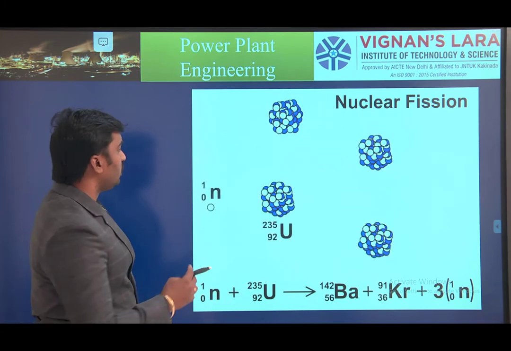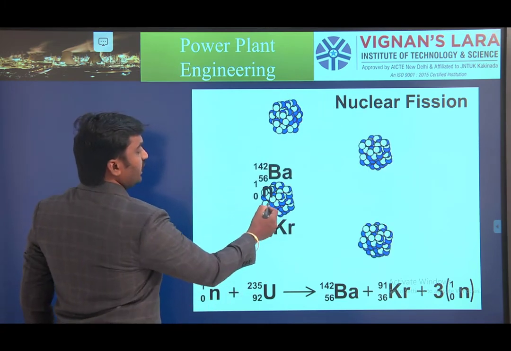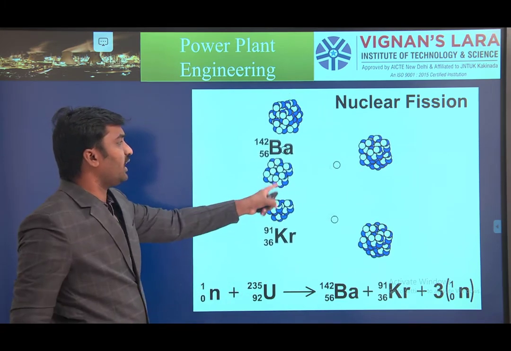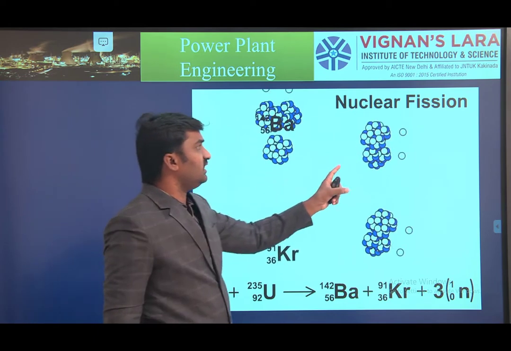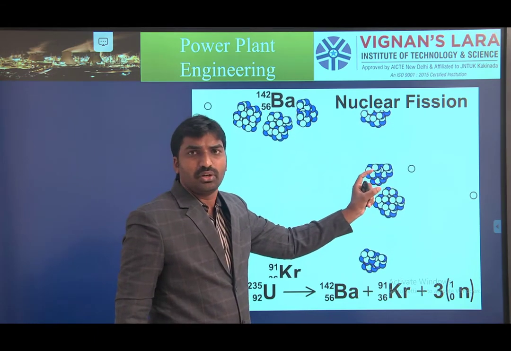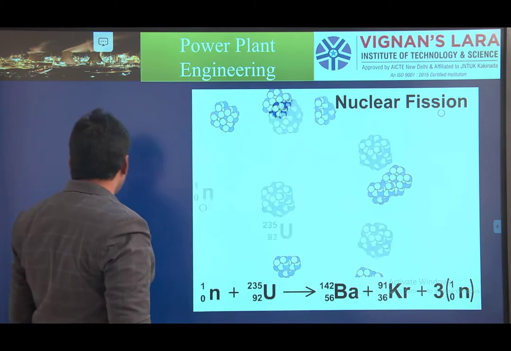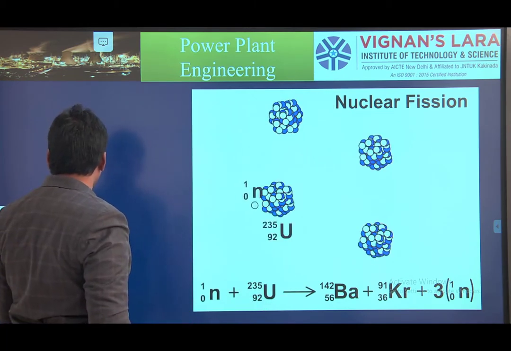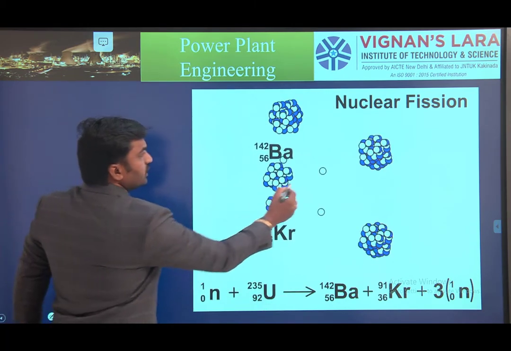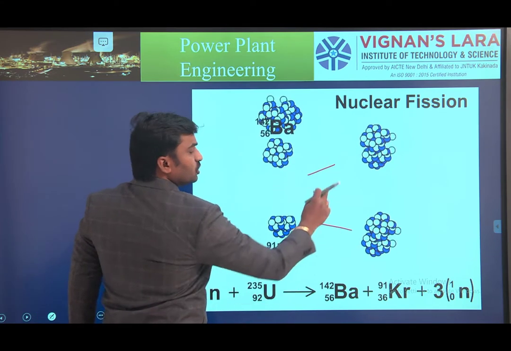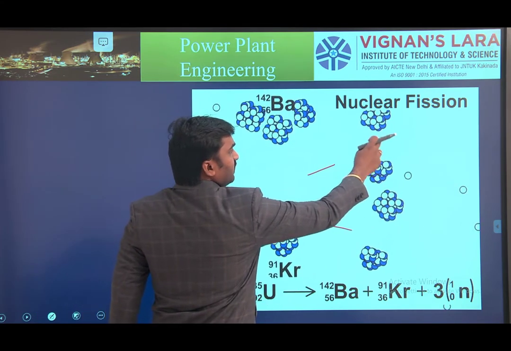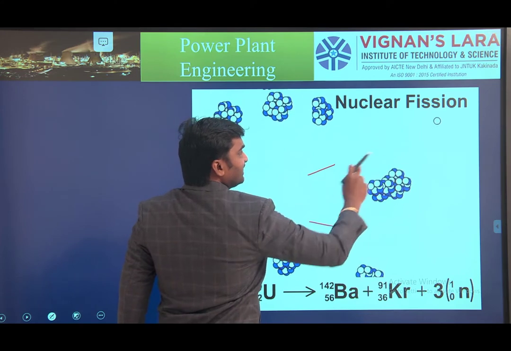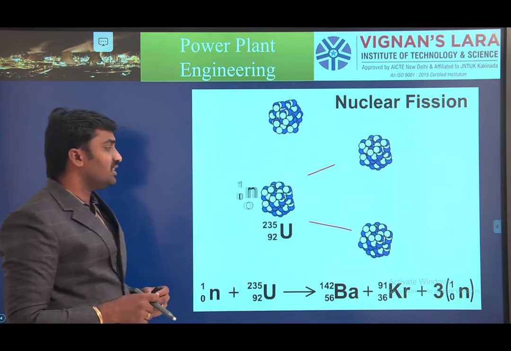One neutron collides with an atom, and that atom is divided again, releasing neutrons. This process continuously emits neutrons, and each neutron collides with another element, which subdivides again releasing neutrons.